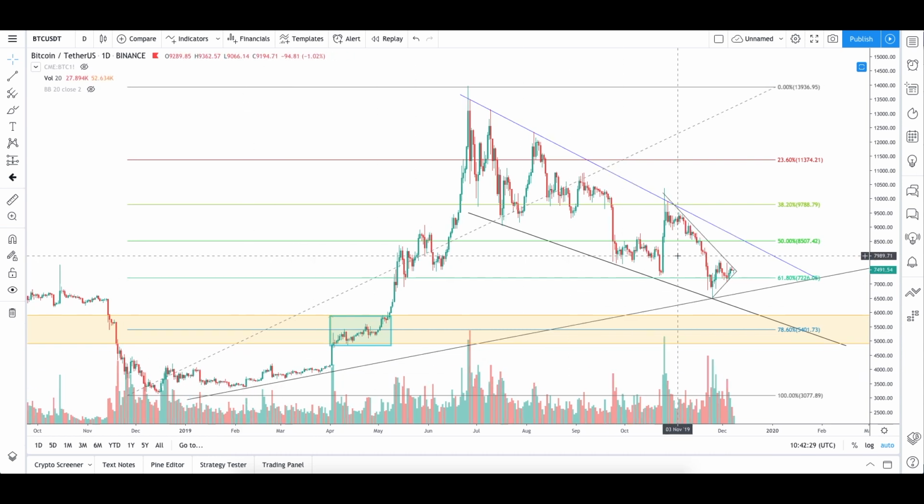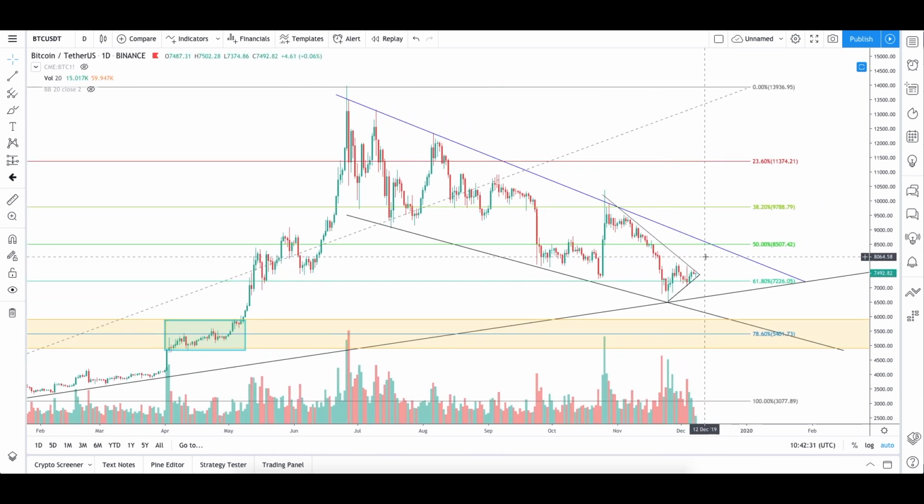In fact, as long as we didn't make a higher high, the state of the market is still not completely clear. Maybe we can make a lower low here, and then we may expect the continuation of the downtrend. But in any case, there is a first signal that we might have the reversal very soon, or even that we already started this reversal.